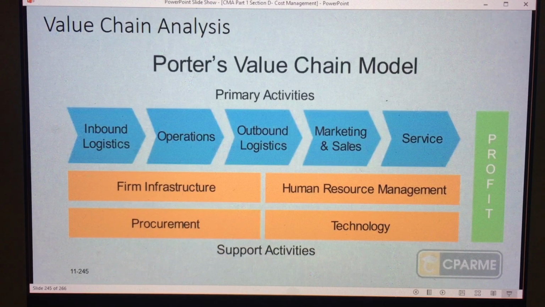Pwede rin naman siyang separately, but when you make your interpretation, it should be analyzed together, or a combination of your primary activities and support activities. Because again, at the end of the day, we want to look into the activities that would actually add. Alisin natin or bawasan natin yung mga activities na foreseen as non-value adding, and use itong mga resources natin instead doon sa mga processes or activities that actually add value and that the customers would want.